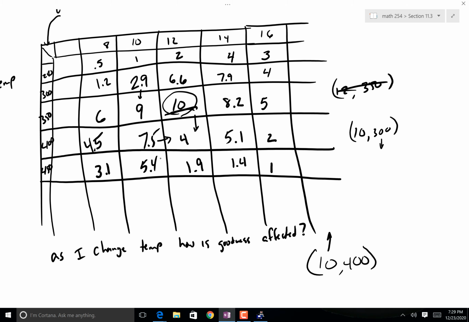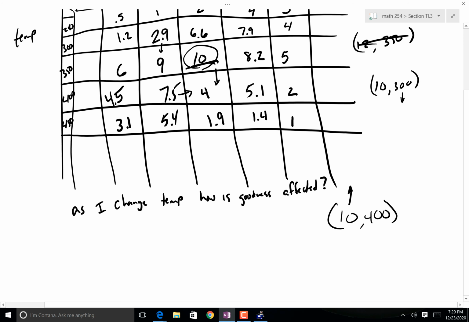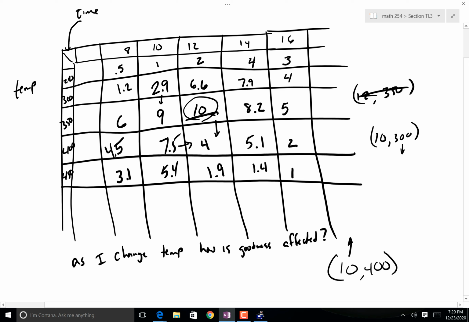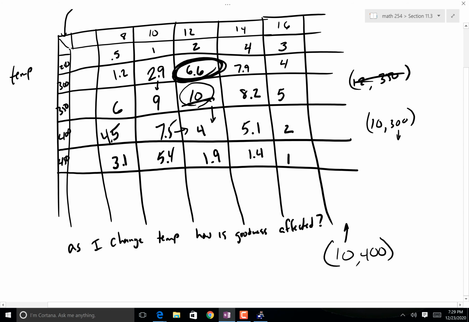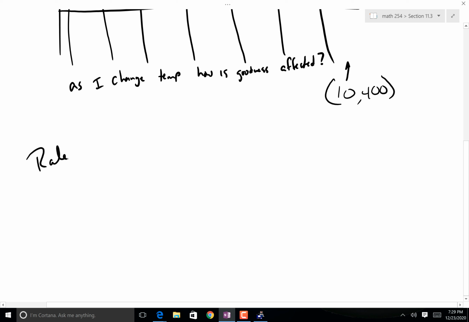Okay? And so the idea here is, if you want to approximate the rate of change, where do I want to look at it? Yeah, right here. Let's look at this guy right here. Let's try to approximate the rate of change, not 6.6, but the rate of change.